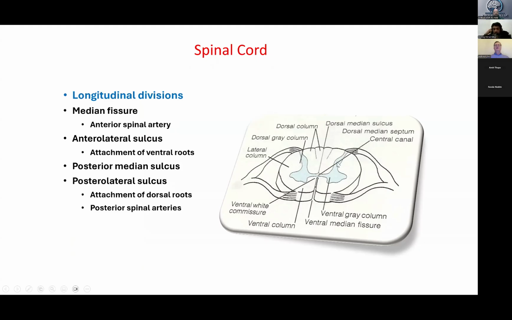In the posterior part, there are the posterior median sulcus and two posterolateral sulci, which include the attachment of the dorsal roots. Dorsal roots enter from the posterolateral sulcus inside the spinal cord, and there are two small posterior spinal arteries here.